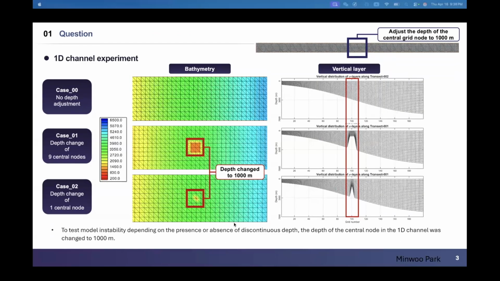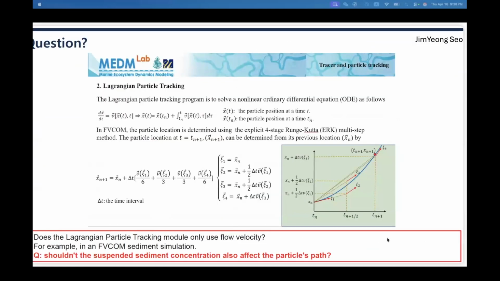We go to the second question, which is really interesting. First, Lagrangian particle tracking only considers the particle. It doesn't consider any concentration like sediment or others.